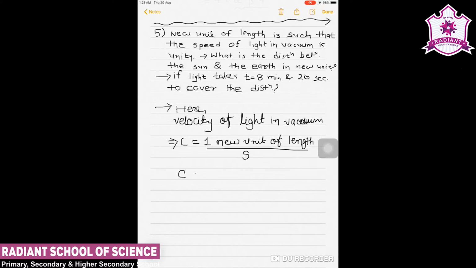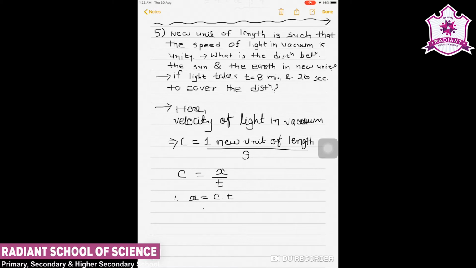So we say that c is equal to x upon t. This is our normal equation of velocity, and therefore x is equal to c into t.